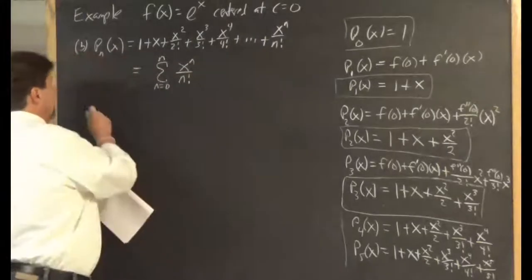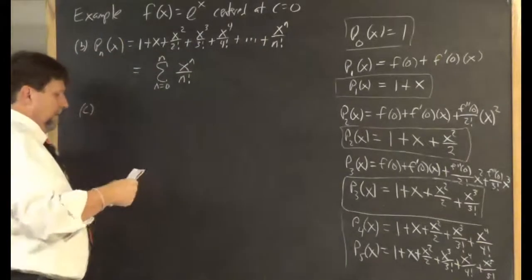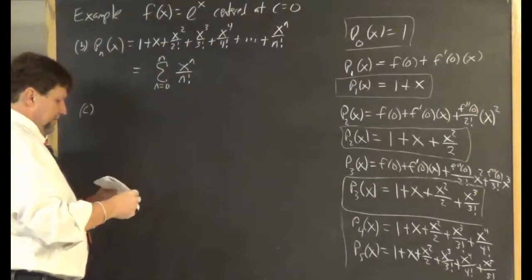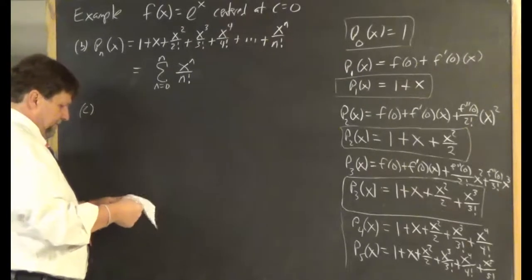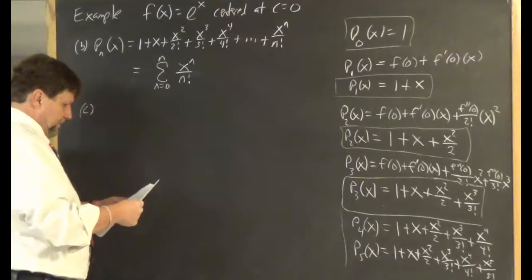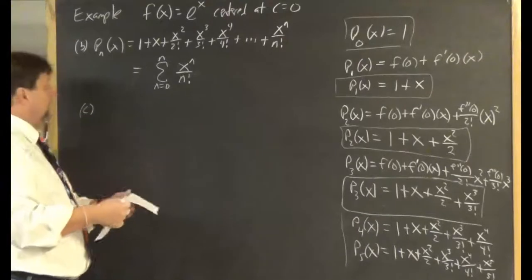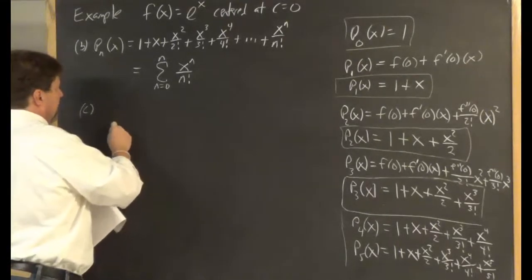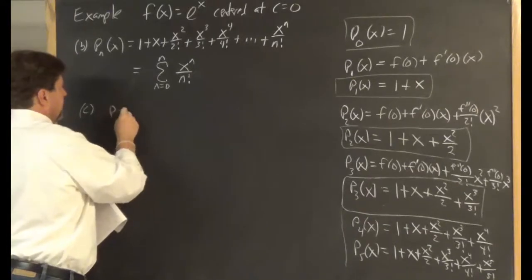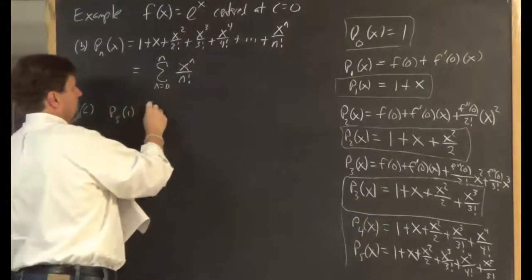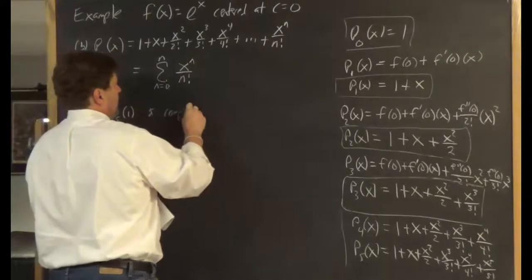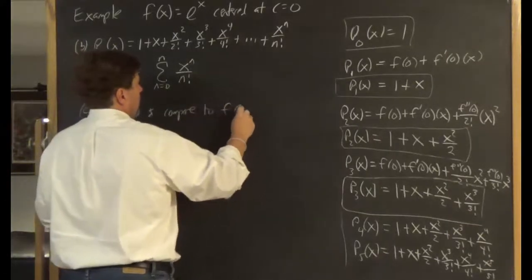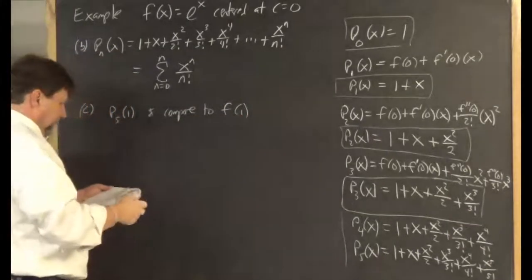And then part C, let's see, what did I say here in part C? Do p sub 5 of 1. I think that's what I said on the slide. So do p sub 5 of 1 and compare to the f of 1.